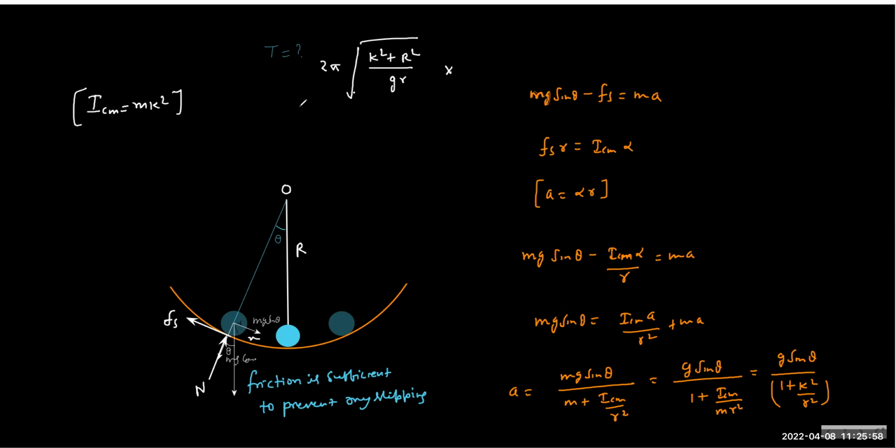The separation from the center of mass to the point of suspension is capital R minus r. And if you write the x, you can write theta equals x by (R minus r). Understood? This is how we can write theta.